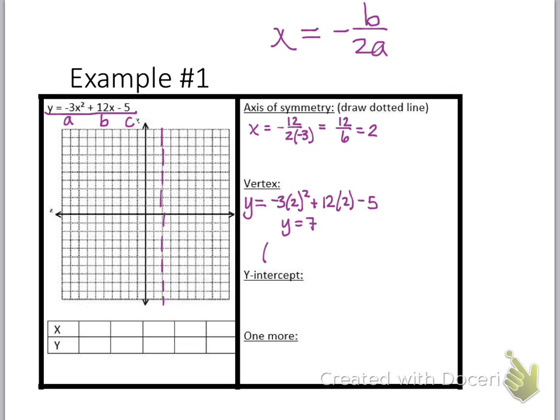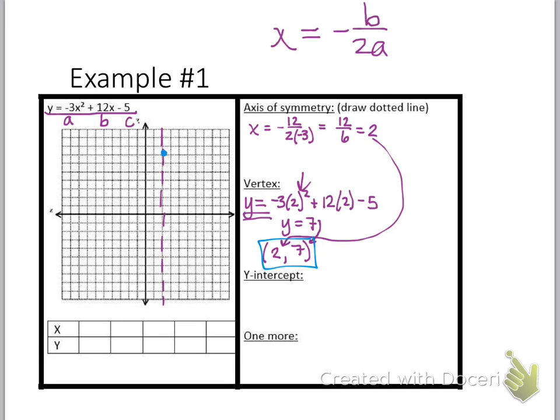So the vertex is at the point (2, 7), 2 coming from the axis of symmetry, y coming from solving for y by plugging in 2. So our vertex is going to be at 2, 1, 2, 3, 4, 5, 6, 7.